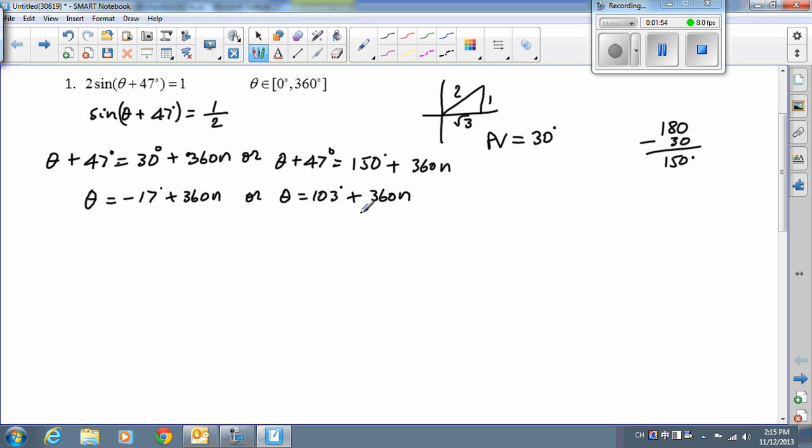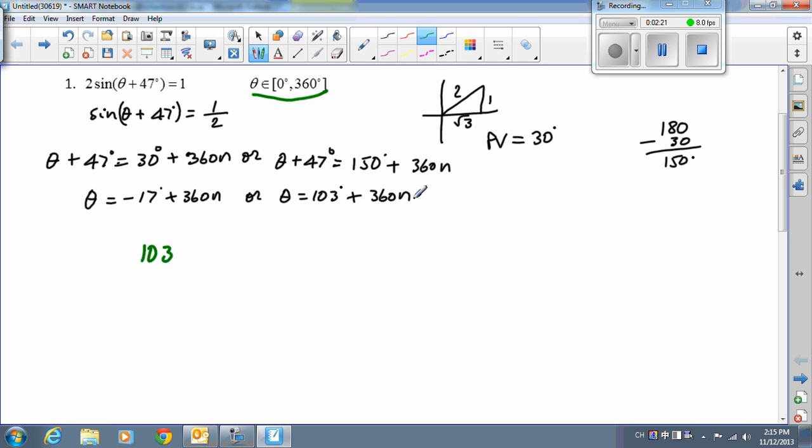Well, our goal was not to find the general solution, although this is a general solution. We want to find all possible values between 0 and 360. Negative 17 is not between 0 and 360, however, 103 is. So my first answer is 103.